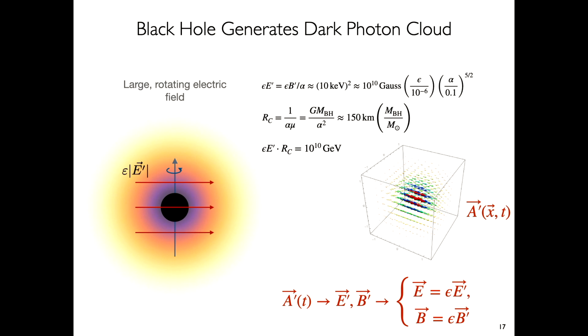You can compute how much you would accelerate a particle across these clouds, and since the clouds are also fairly big, they can be hundreds of kilometers in extent, the overall energy that an electron will have at the end as it moves through this cloud can be billions, tens of billions of GeV. So these are very large energies and very large boosts. So clearly something exciting should be happening well below these values of these parameters.